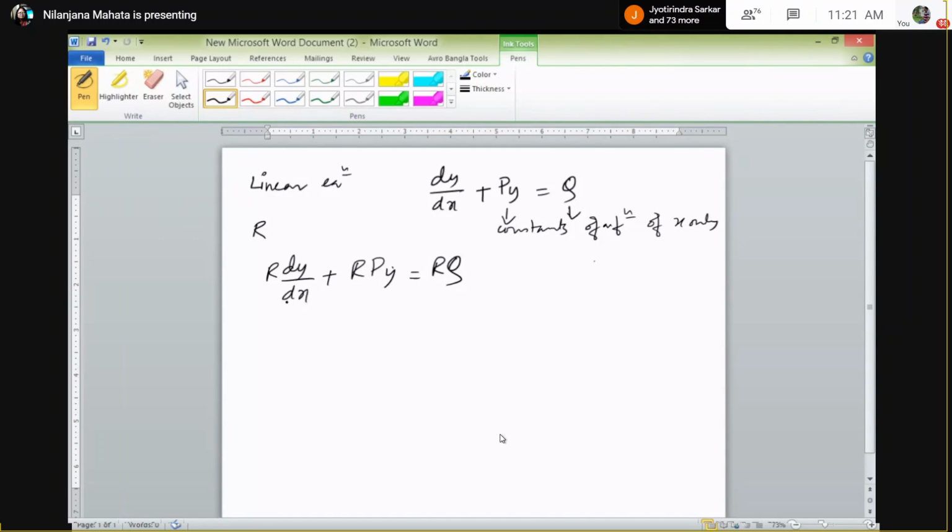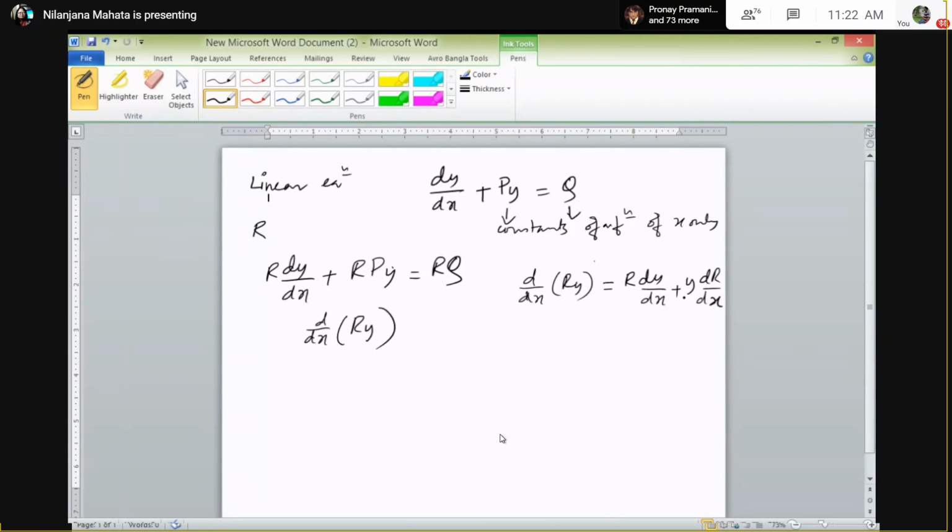Now this R dy/dx term can only come from d/dx of (R y), which is nothing but R dy/dx + y dR/dx. So R dy/dx is this, and RPy is equal to y dR/dx.